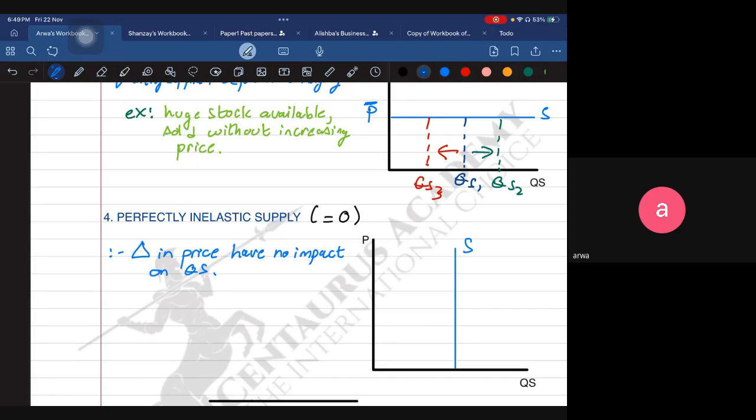We have the price P1, and we have the quantity supplied, which is constant. Now the price has probably decreased, or the price has increased. We need to have an example here.